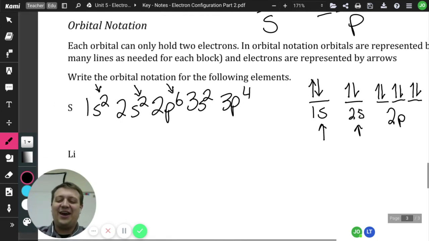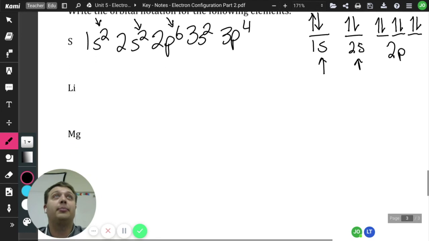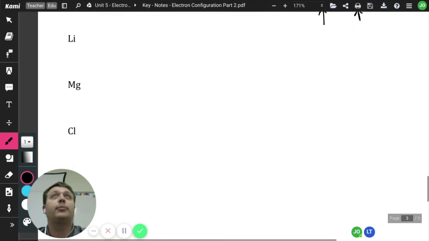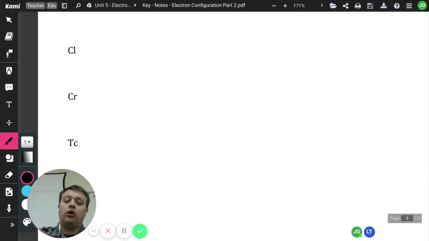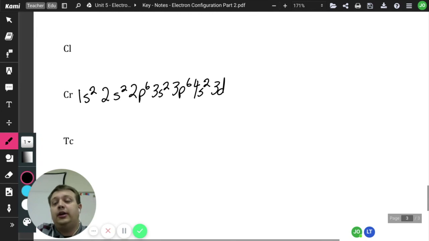All right. So let's do lithium, and then after we do lithium, actually, I'm going to skip on down. Let's do one that's a little bit more difficult. I'm going to do chromium. So chromium is 1s2, 2s2, 2p6, 3s2, 3p6, 4s2, 3d4.